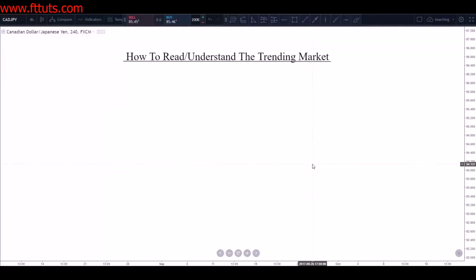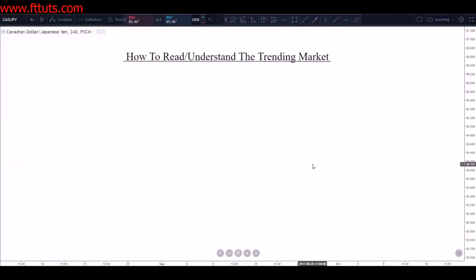Now, for the remainder of this course, from where we are now until the end of the transition phase, we're only going to focus on trending markets because remember, the transition phase of this course is going to be the most important. This is the phase that is meant to take you from not being profitable to becoming successful as a trader through learning one simple strategy and building a trading plan around that strategy.